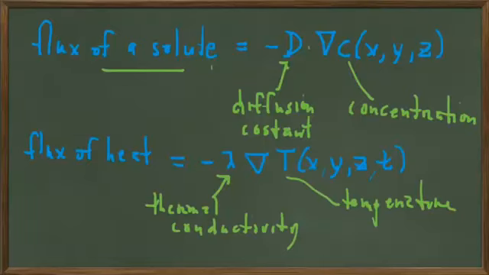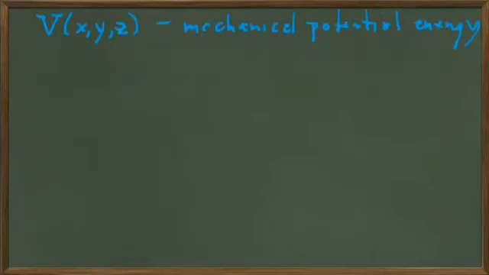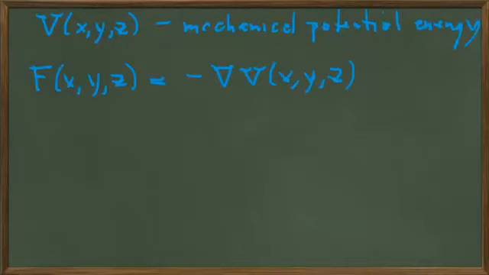It is the product of the thermal conductivity lambda times the gradient of the temperature, and notice that the temperature is a function of x, y, z, and time in this case. If we let V of x, y, z equal the mechanical potential energy, then the force would be minus the gradient of V.